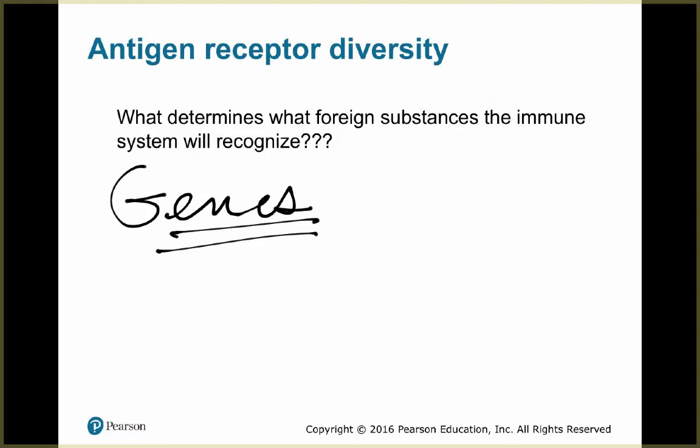The variety of immune cell receptors is a result of acquired genetic knowledge of microbes. There are 25,000 different gene codes for up to 1 billion different types of lymphocyte antigen receptors.